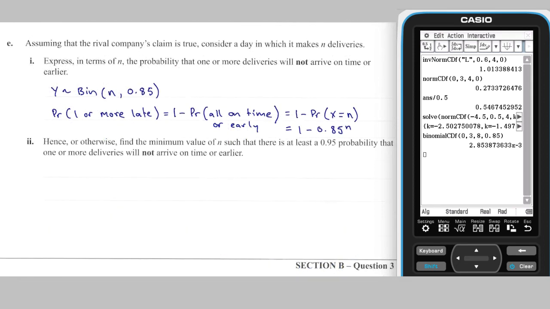Part E, Part 2. This part asks us to find the minimum value of n such that the expression found in Part 1 has a value of 0.95 or greater. This equation can be solved using logarithms or a ClassPad.